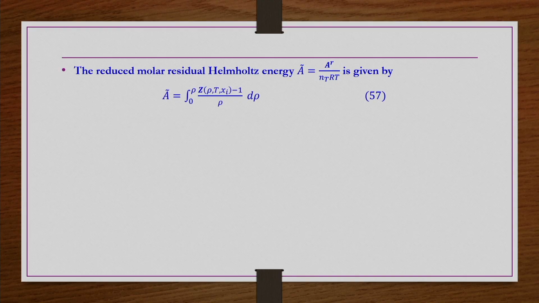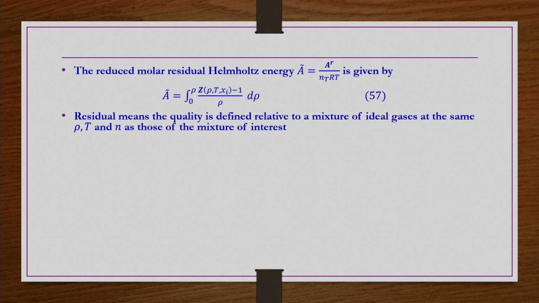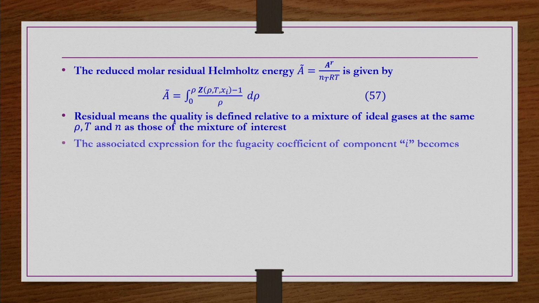Then A tilde can be written in terms of the compressibility factor as integral 0 to rho of (Z minus 1) by rho d rho. Residual means the quantity is defined relative to a mixture of ideal gases at the same rho, T and N as those of the mixture of interest.